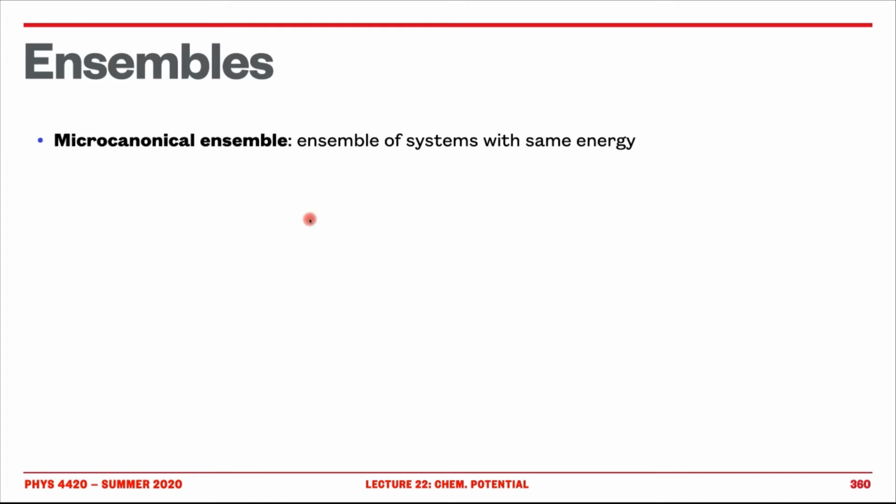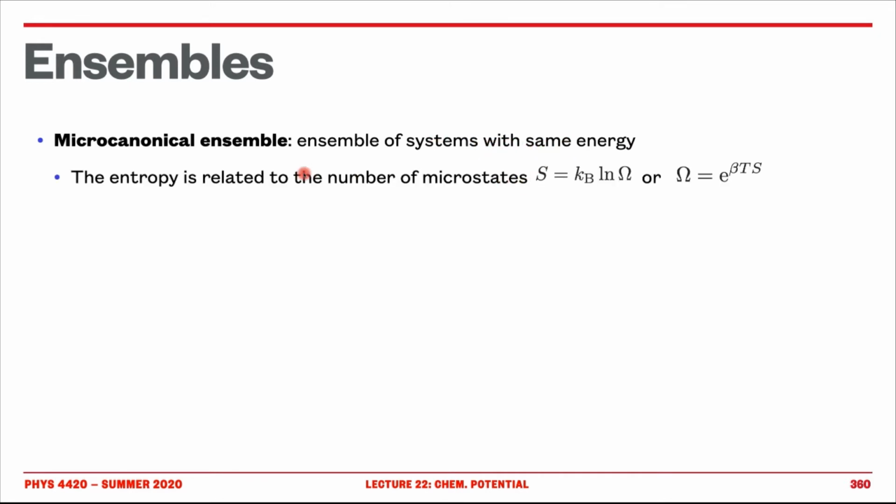So let's try to summarize where we are with the ensembles. We discussed three types of ensembles so far, especially not so much the microcanonical, but we have seen it. The microcanonical ensemble is an ensemble of systems with the same energy, and we knew that the entropy is related to the number of microstates. So the most likely system is going to be the one that's given by the number of microstates.